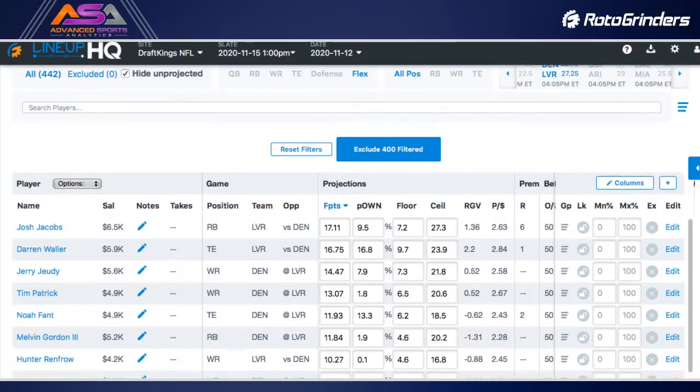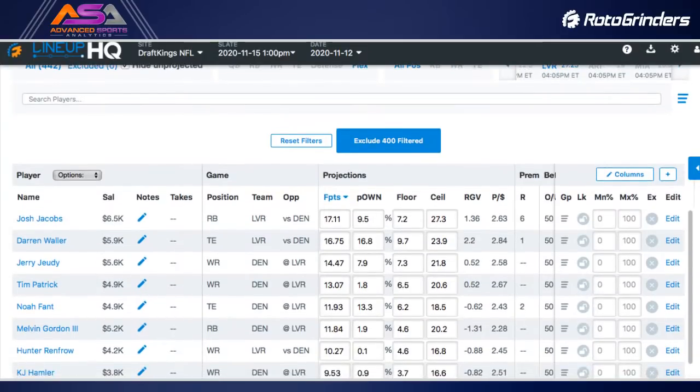We may get Lock and Carr, for cheap quarterbacks, they'll be the popular cheap guys, but they're coming in at 3% and 5% ownership because obviously you can only roster one quarterback. So quarterback ownership is something you don't have to care that much about. But as far as the skill position players, Jacobs 9%, Judy 7%, and then nothing.